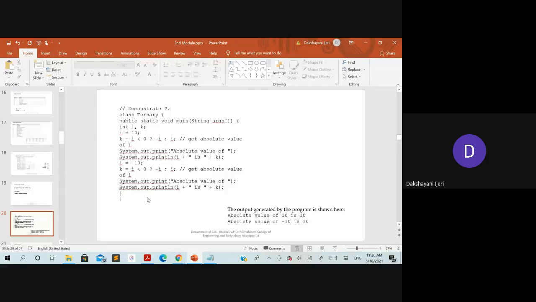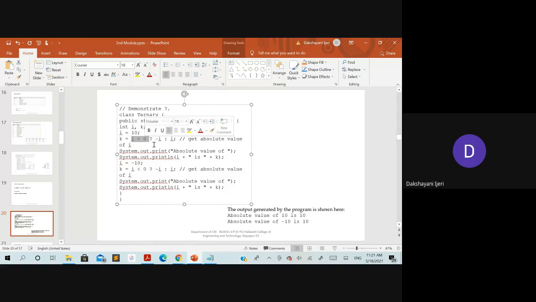Okay, so you can see here in this example, two variables of type integer, i and k, have been taken, where i is stored with the value 10. To this k, we are going to store some value based upon the question mark operator here. The condition is whether i is less than 0, right? The expression minus i needs to be executed only if this condition is true, or else it goes directly to this other expression.